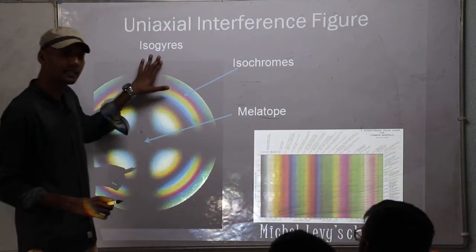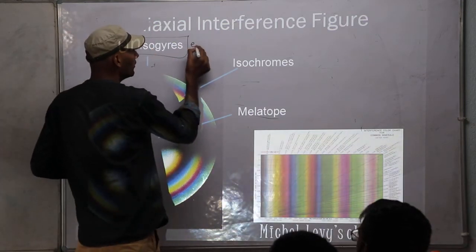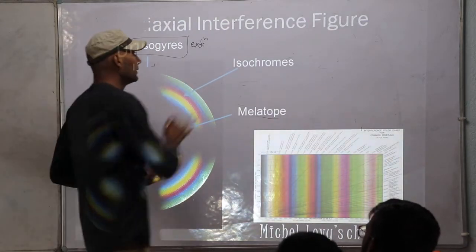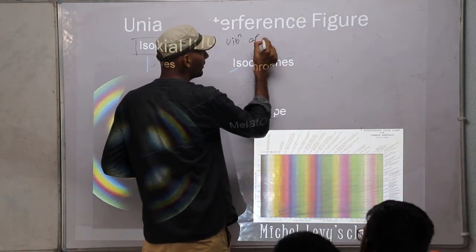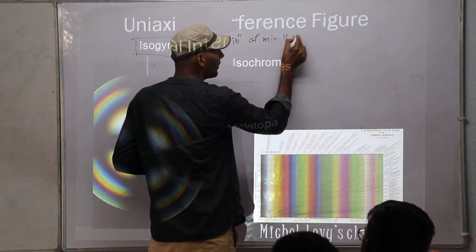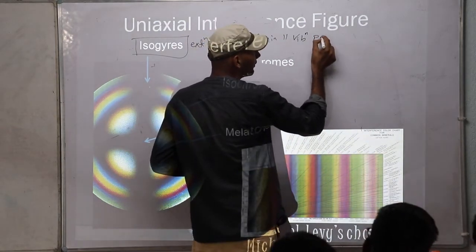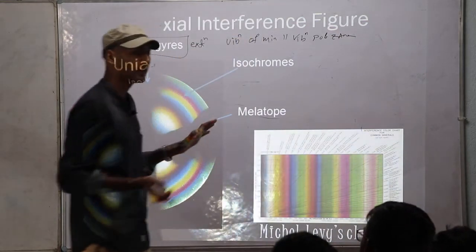Now isogyres, these are produced due to extinction. Extinction is produced when the vibration direction of the mineral is parallel to the vibration of the polarizer and analyzer, the lower and upper polarizer.